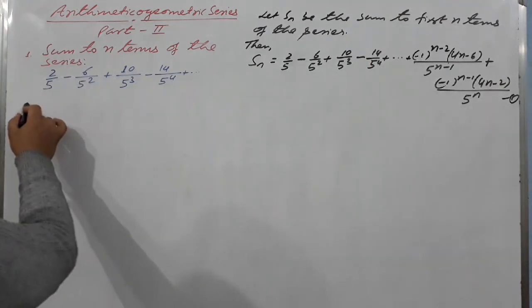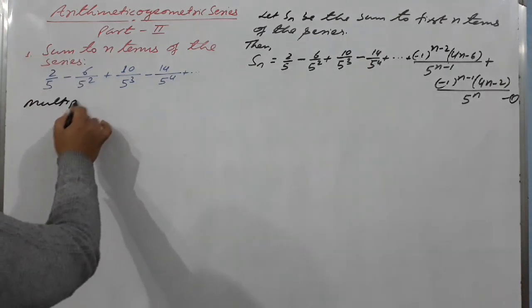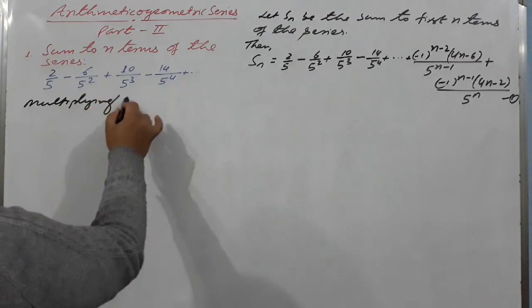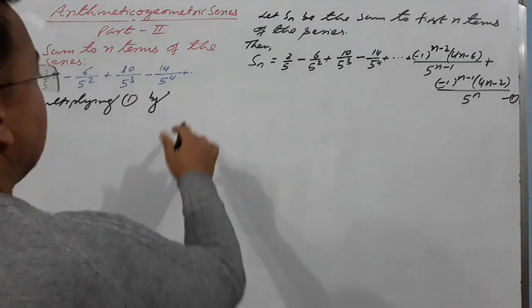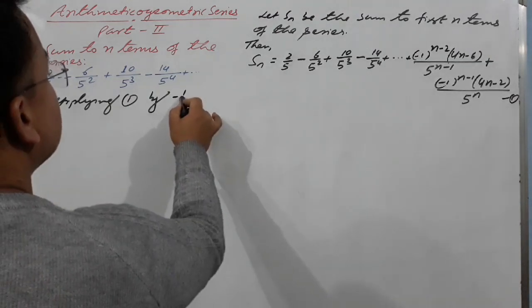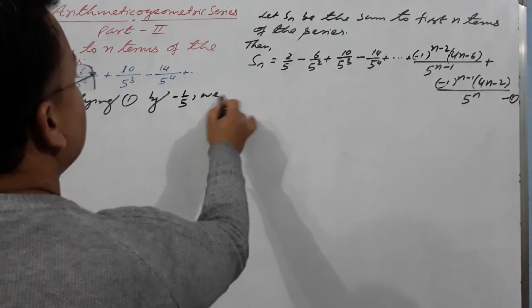And then multiplying both sides first by the common ratio. The common ratio is negative 1.5.